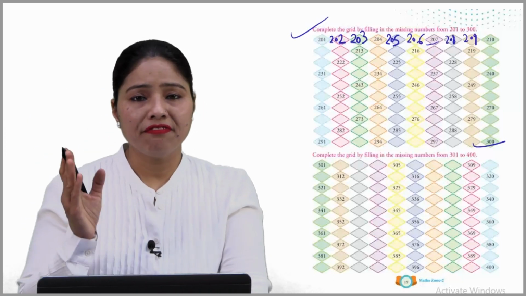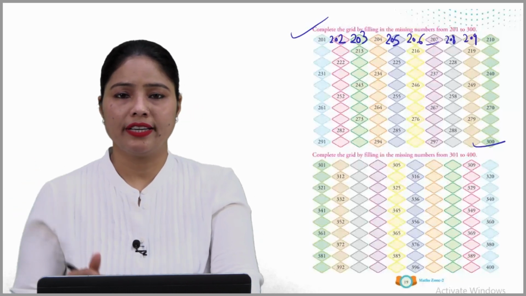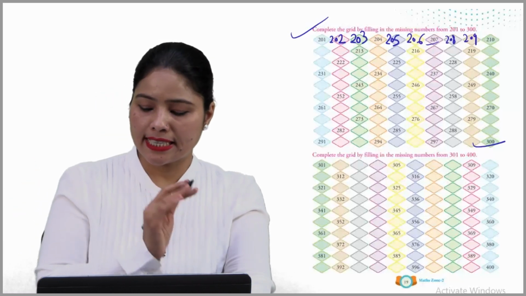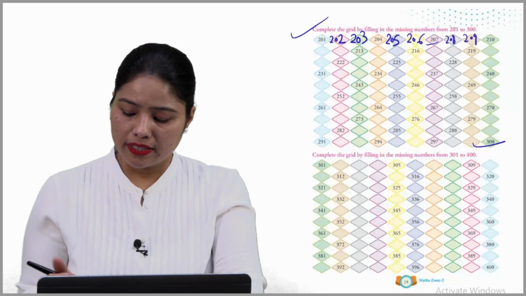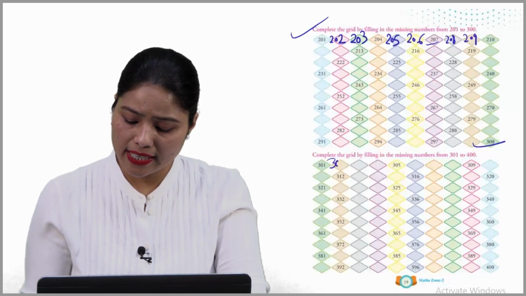Complete the grid by filling in the missing numbers from 301 to 400. Okay beta, so let's start with 301, then after 301, 302 like this.